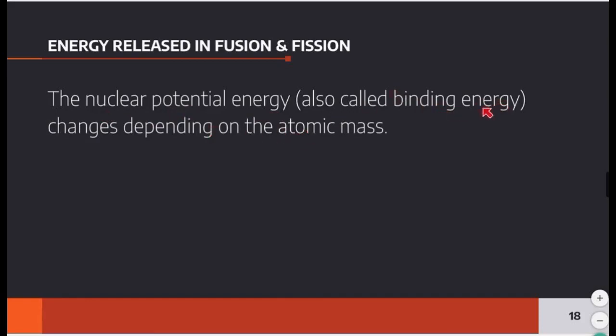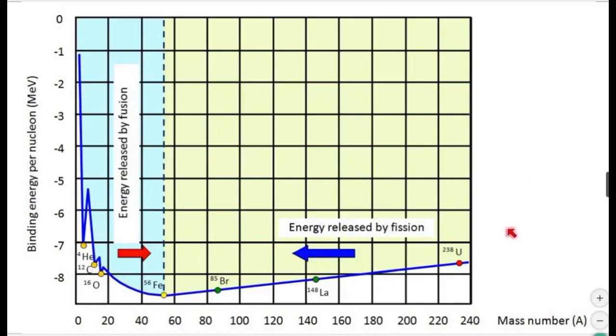It is sometimes called binding energy because it's what binds the nucleus together, what holds it together. It changes depending on the atomic mass. And so this graph gives you an idea of atomic mass on the x-axis and the average amount of nuclear energy, or binding energy, nuclear potential energy per proton and neutron.